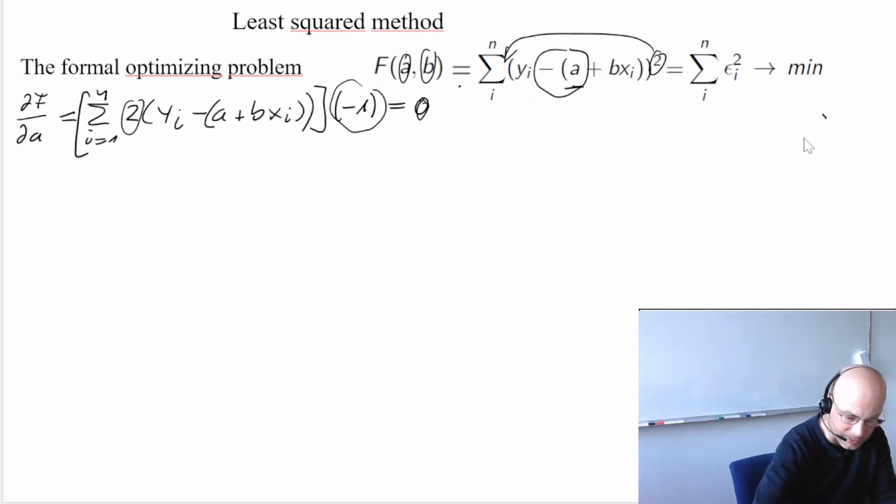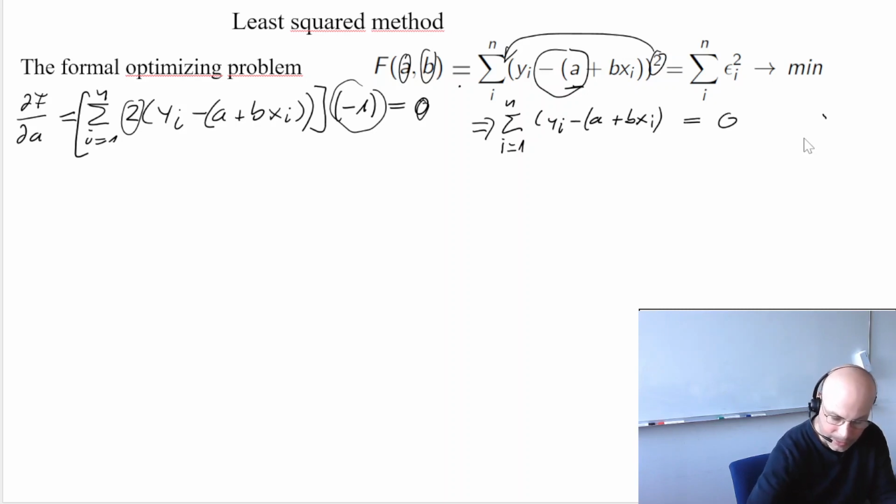And then, of course, we obtain the sum of i equals 1 up to n of yi minus a plus b xi equals 0.